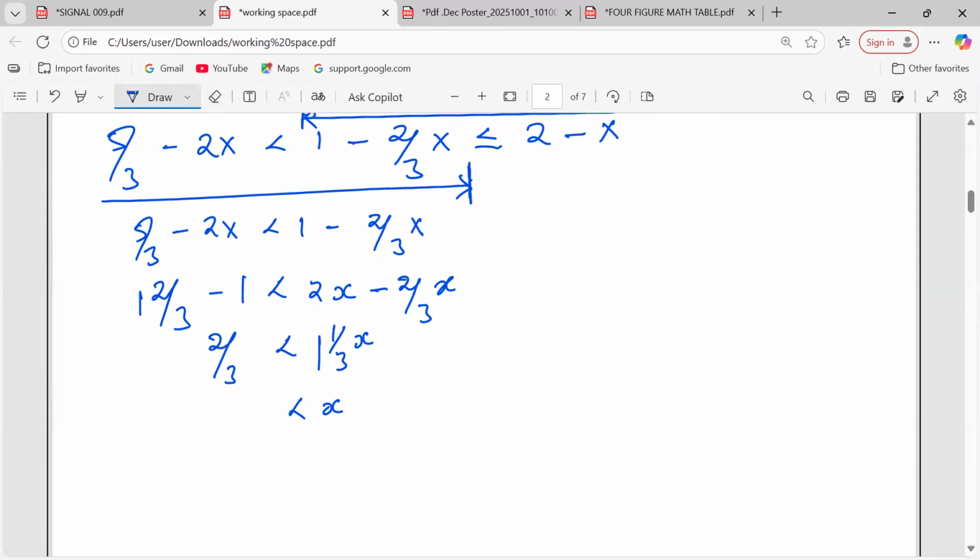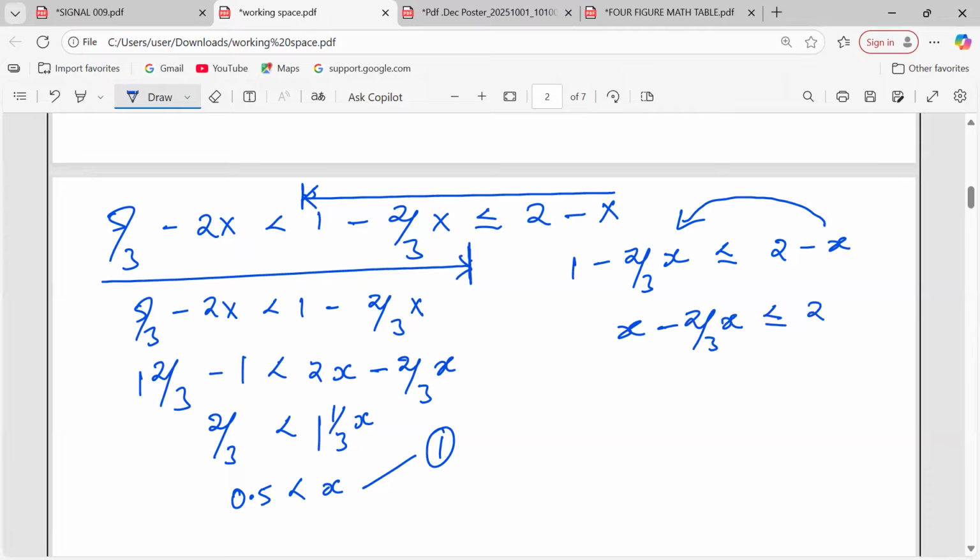Look at the other part, whereby we are having 1 minus 2/3 x less than or equal to 2 minus x. We group terms again. The x that we have on the left can become positive on the right, so that it is x minus 2/3 x, 2 minus 1. So what are we having here?